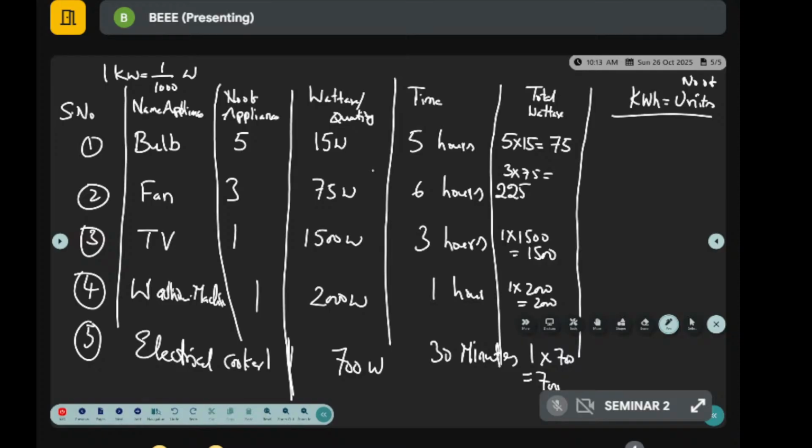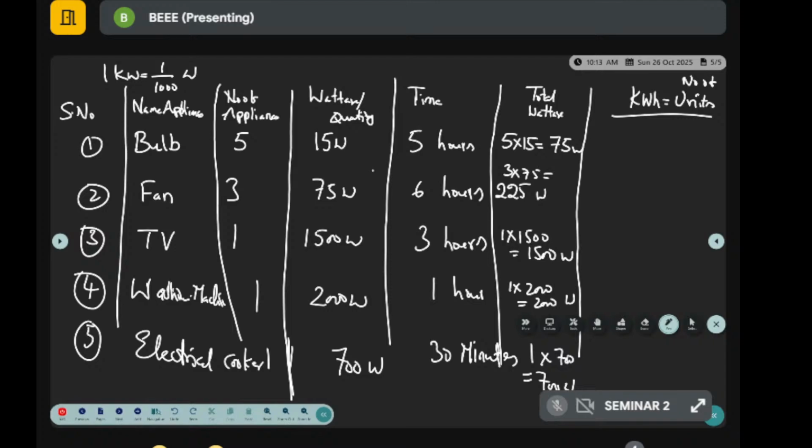So this is the one formula: 1 kilowatt is equal to 1 by 1000 watts. All these are 75 watts, 225 watts, 1500 watts, 2000 watts, 700 watts. It is not in kilowatt. Now you have to convert this watt into kilowatt by dividing with 1000.